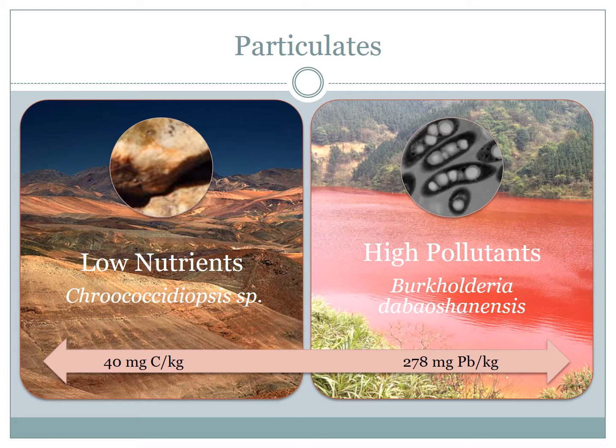So this mining area had extremely high levels of lead, zinc, copper, but this particular Burkholderia dabashanensis had a rough range of 278 milligrams per kilogram of lead that was existing in this soil. So this resistant proteobacteria was able to survive in that harsh environment.